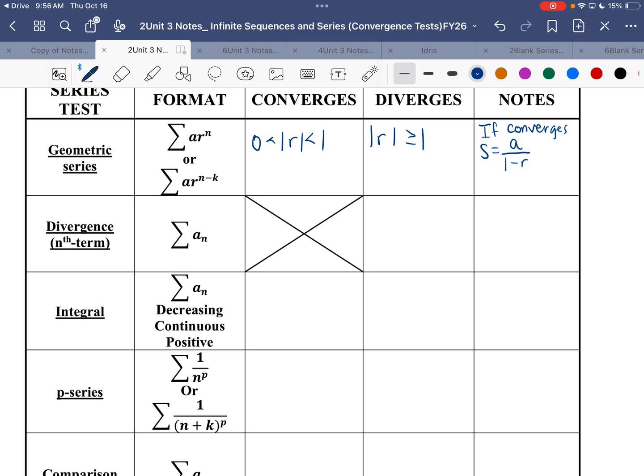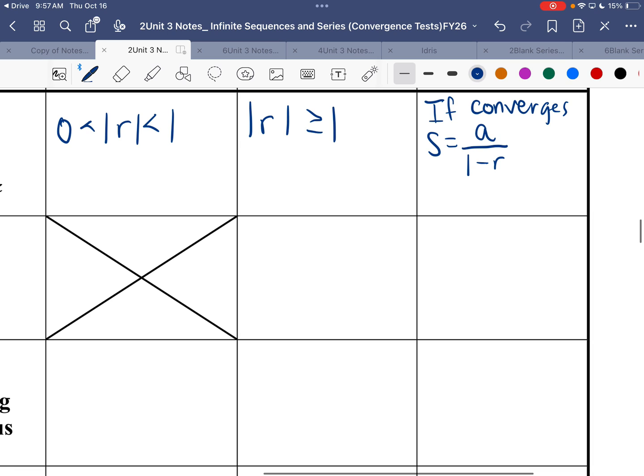Okay, so test for divergence. How do we know it diverges? The limit as n goes to infinity of a_n does not equal 0.